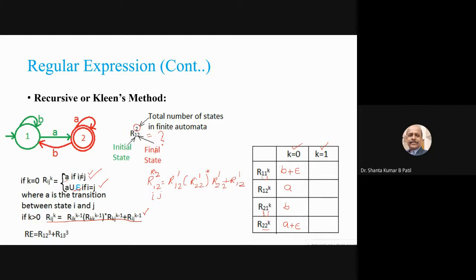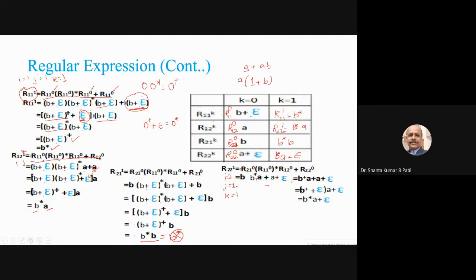Okay. So substitute all these values, you can get it from the second column.